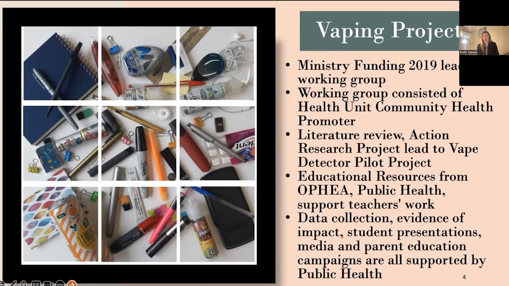We had 5 different recommendations that came through that, and we applied them to one secondary school within our board. One of the recommendations included the installation of vape detectors. These are devices that look similar to a fire alarm, and they are mounted in any space where you have vaping concerns. For us, our areas of need were washrooms as well as locker rooms.